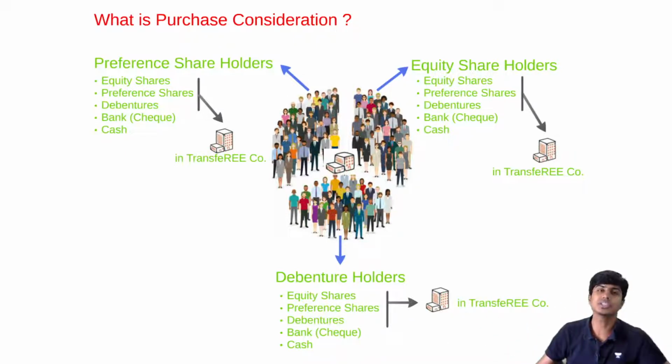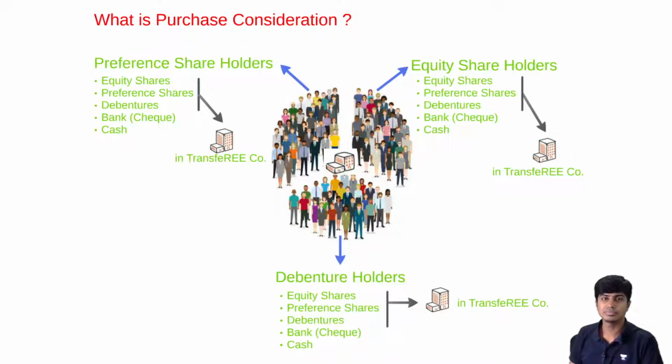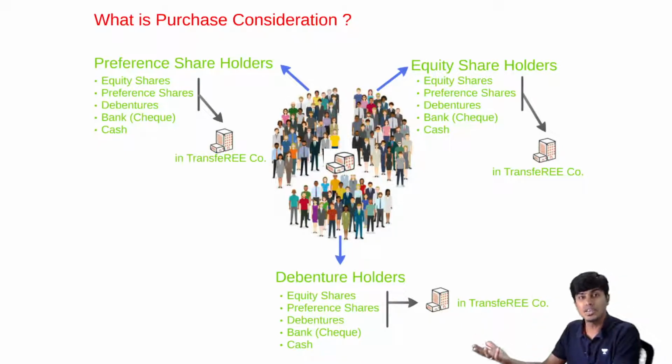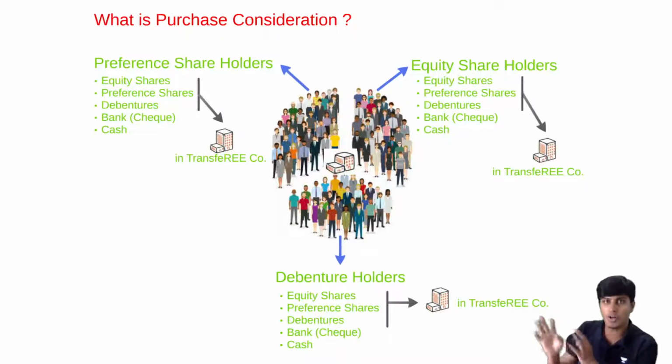To summarize the question that I'm asking you, it's very simple. Is it what we give that matters, or is it to whom we give that matters? Let me repeat my question. Is it that whatever is given to these people is PC, irrespective of what you give?